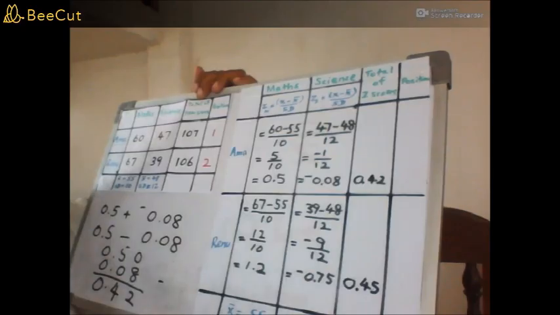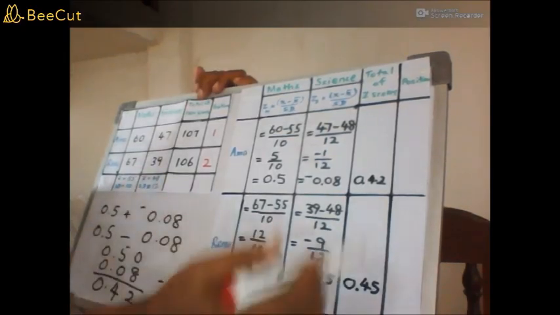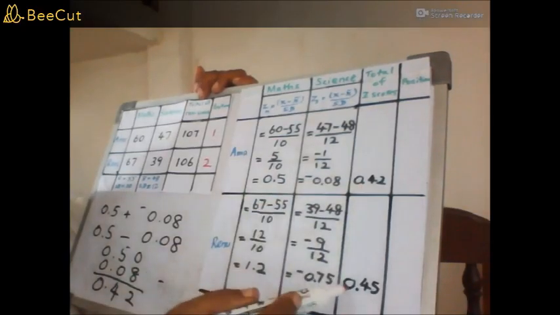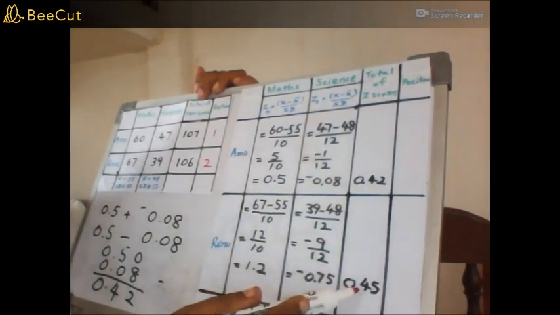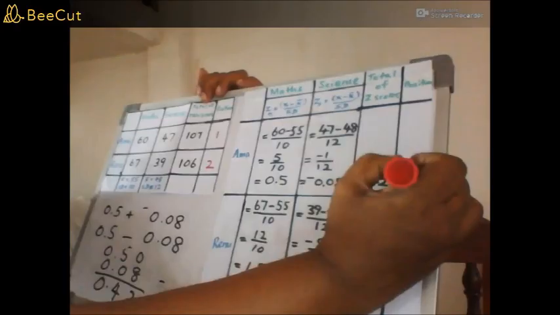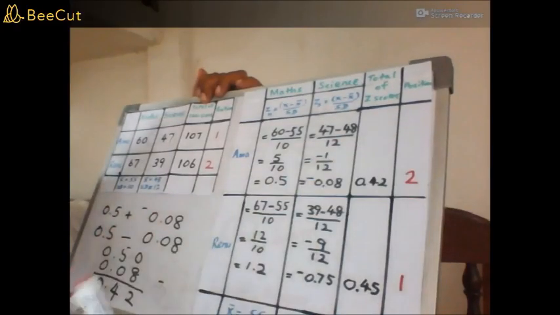Now select the first place and the second place. According to this one, this child has scored 0.42. This one, 0.45. Which is the bigger one? This. So, first place, and the second place.